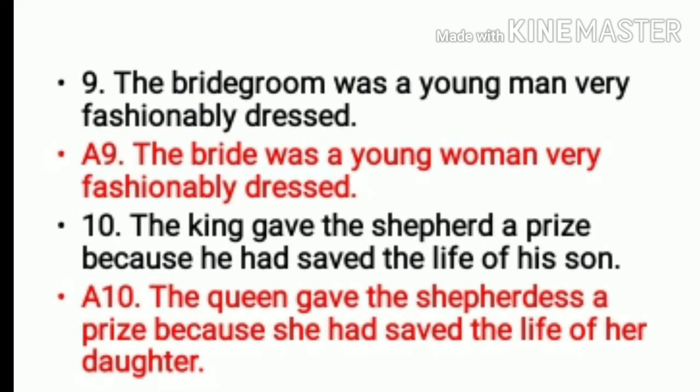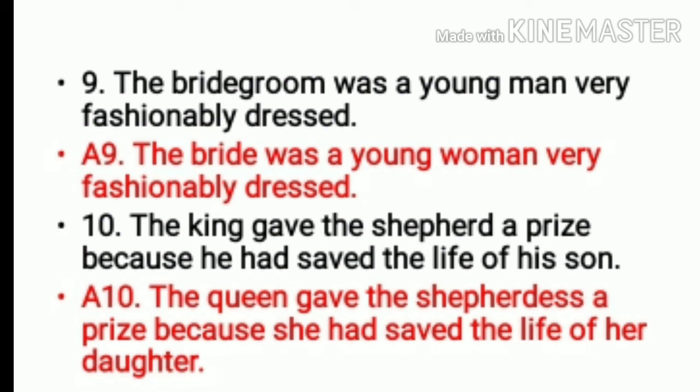The 9th one: the bridegroom was a young man, very fashionably dressed. So your 9th answer will be, the bride was a young woman, very fashionably dressed. 10th one: the king gave the shepherd a prize because he had saved the life of his son.